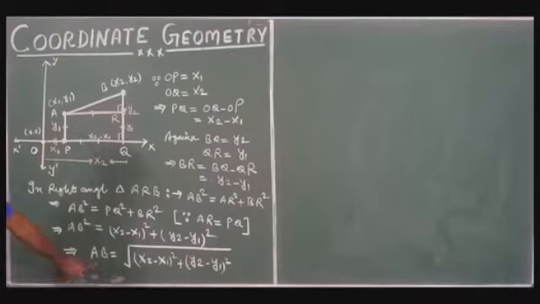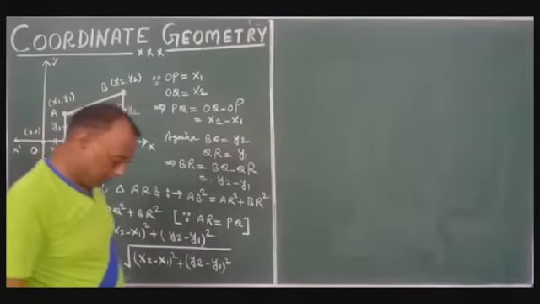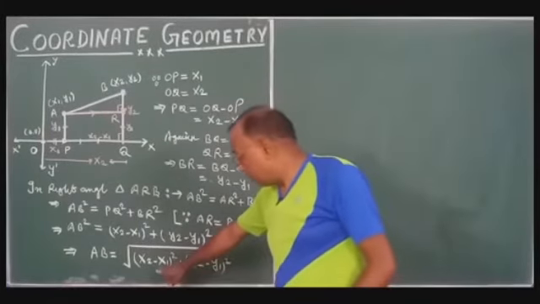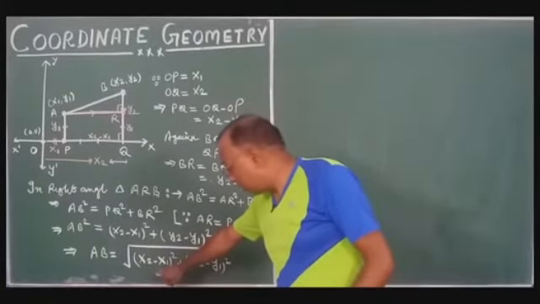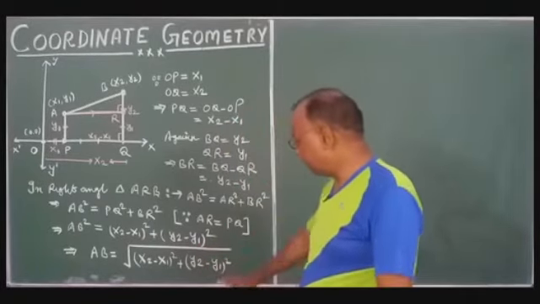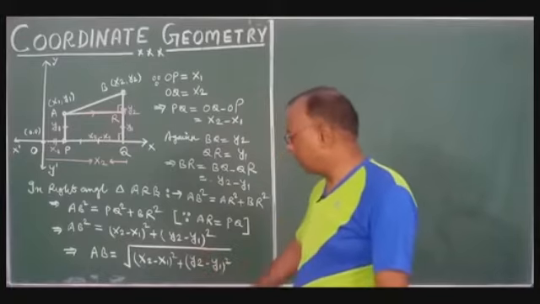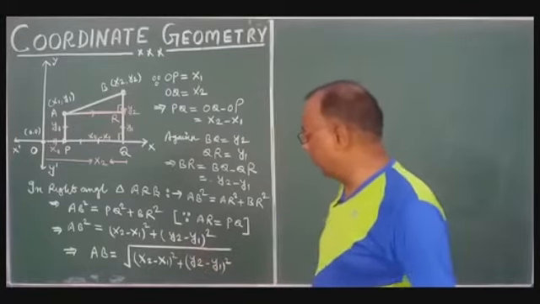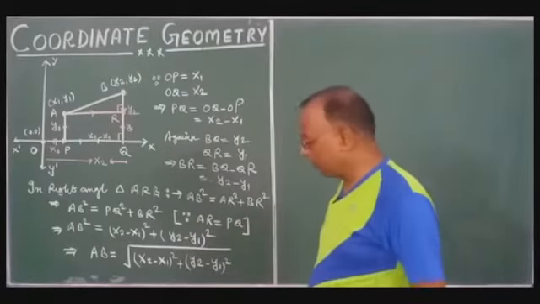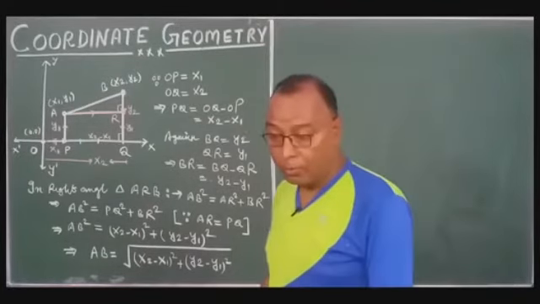So this is the distance between points A and B. Or you can say, square of the difference between abscissas plus square of the difference between the ordinates. This is the formula for the distance between 2 points.